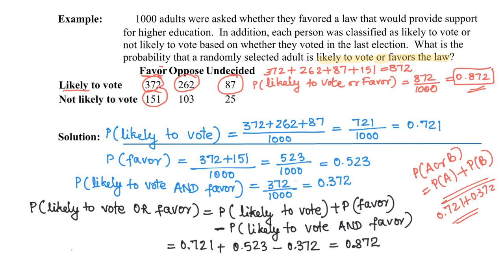In order to fix this, we need to subtract the probability of likely to vote and favor. Whatever we counted twice, we subtract so that we get the answer. That's how this formula comes about: we need to subtract the probability of A and B.